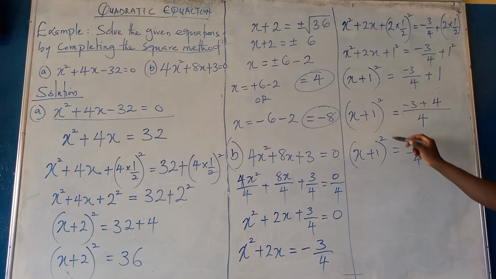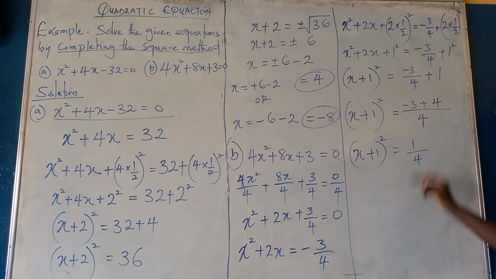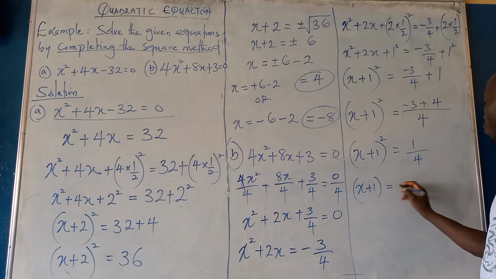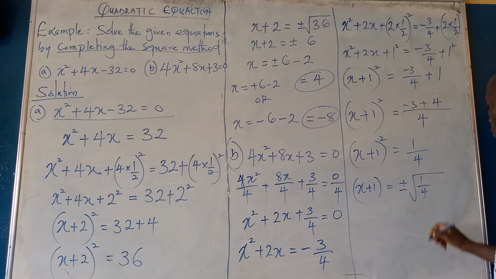Now the next step is to remove the square, and for that we square root both sides, with plus or minus. So x plus 1 equals plus or minus the square root of 1 over 4.